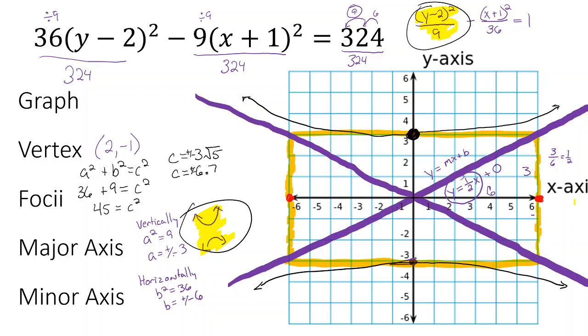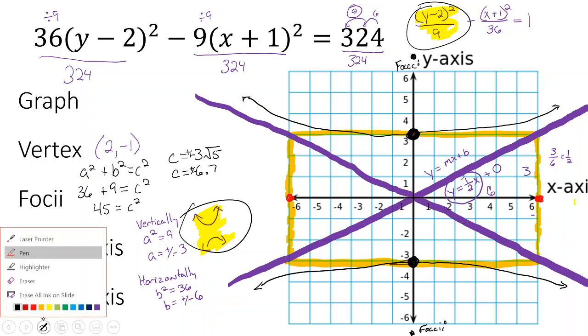So I go from my points, my vertices on the hyperbola, and I go up 6.7 to find a foci, and I go down 6.7 to find a foci. Let me show you again with a laser pointer how I determine those points.